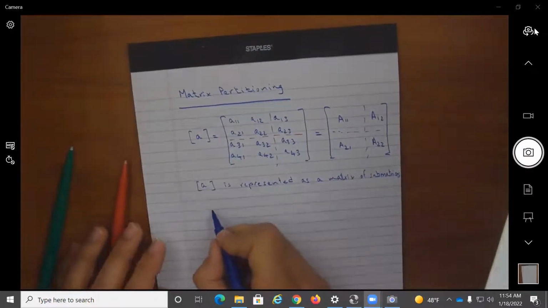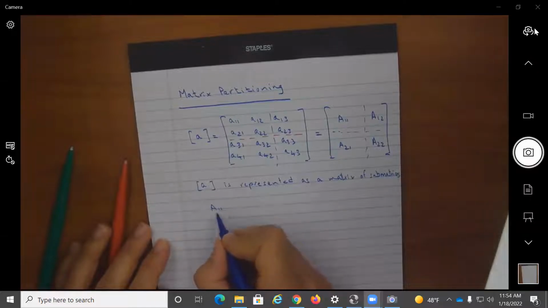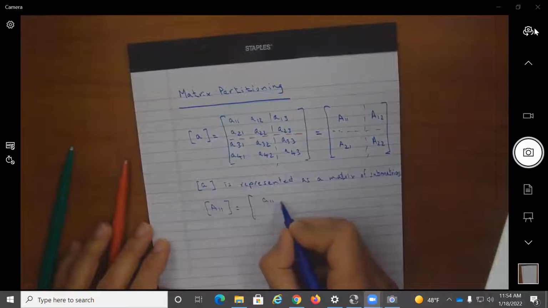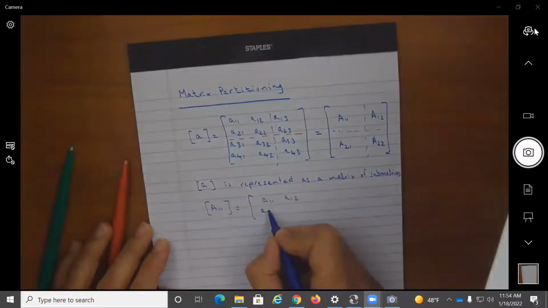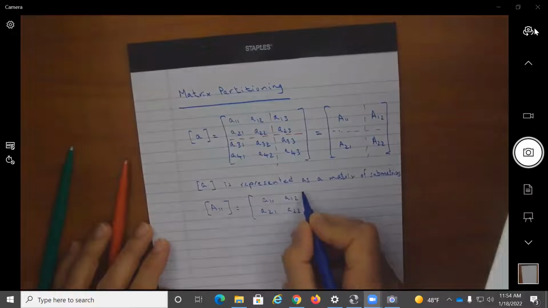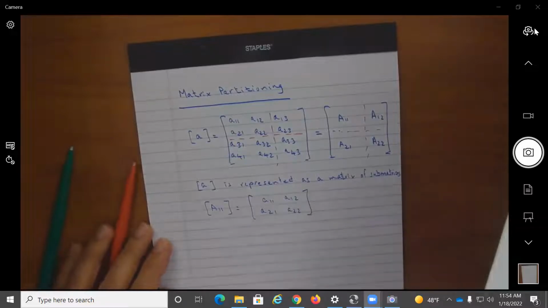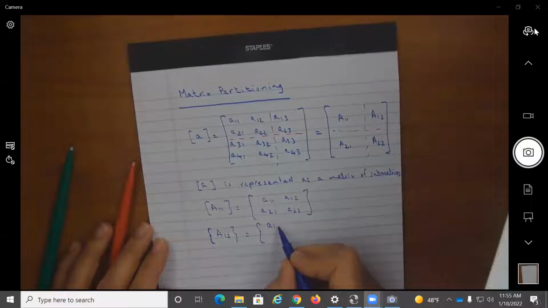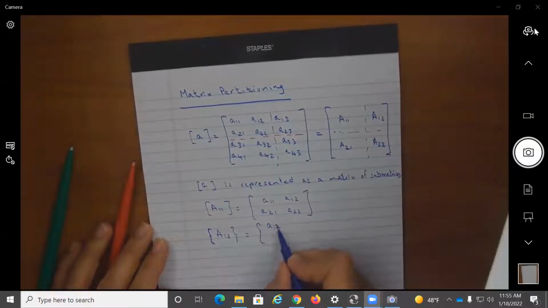Where, of course, A11 is equal to A11, A12, A21, A22, the 4x4. A12 is a column matrix. There is a 2x1 and has A13 and A23.